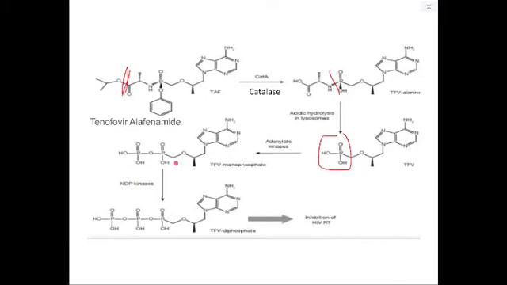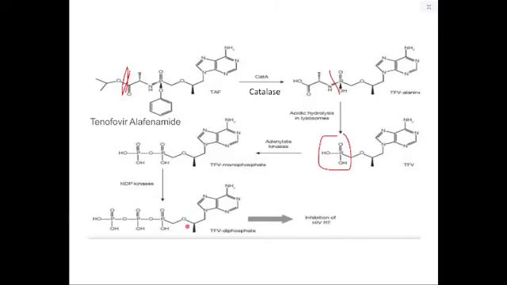So that now already has two phosphates, so it is again phosphorylated. So there is sequential phosphorylation, catalyzed again by the diphosphokinases, and now you have the three phosphates, although you have just added two, and now you have tenofovir diphosphate, because of course the monophosphate came with its own.